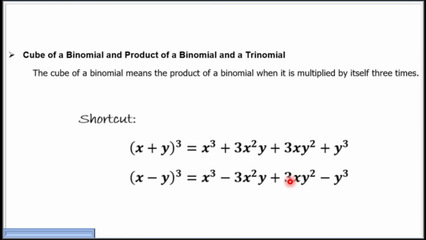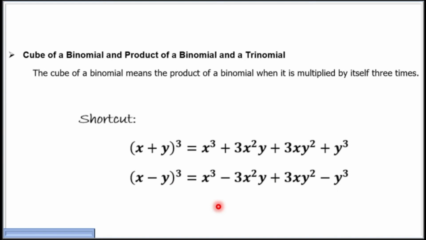Since it is positive times negative, it is negative. Since it is squared here, negative times negative, positive. Times 3. Then cube of the last term, negative y.